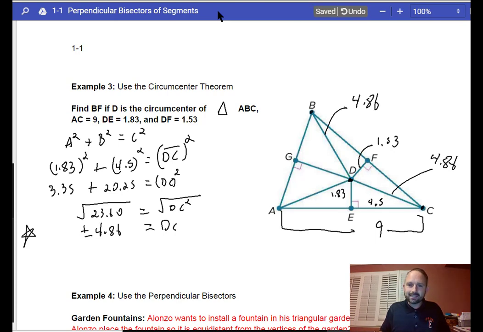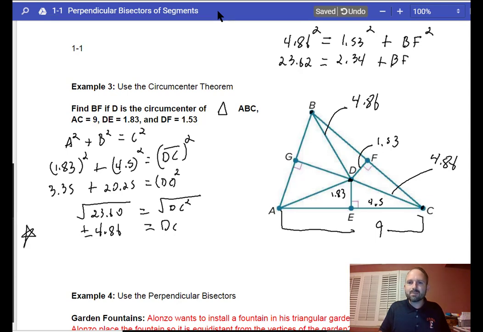Well, if that's the case, hey look, this is another example of a right triangle. So I know this is the hypotenuse. So I would have 4.86 squared is equal to 1.53, a leg of it, squared, plus BF squared. Now, solving it, I would get 23.62 is equal to 2.34 plus BF squared.